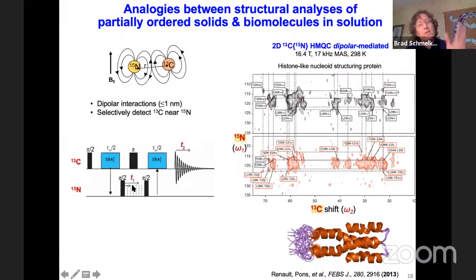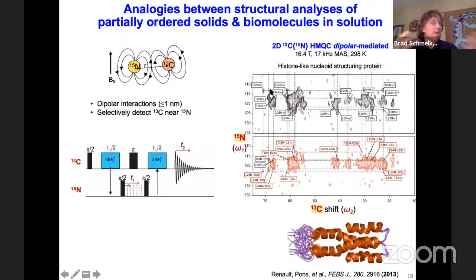We then increment the experiment over a series of measurement times such that we measure the nitrogen-15 frequency in its local environment, transfer the magnetization back to carbon, and then detect the carbon. We do a Fourier transform of the carbon signal and of the nitrogen signals, and we get this two-dimensional frequency map, with the carbon-13 frequency on the bottom and the nitrogen-15 frequency along the vertical axis.